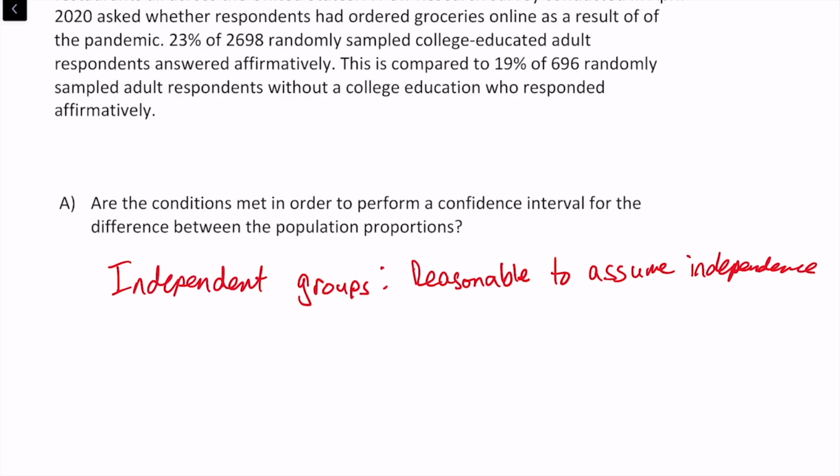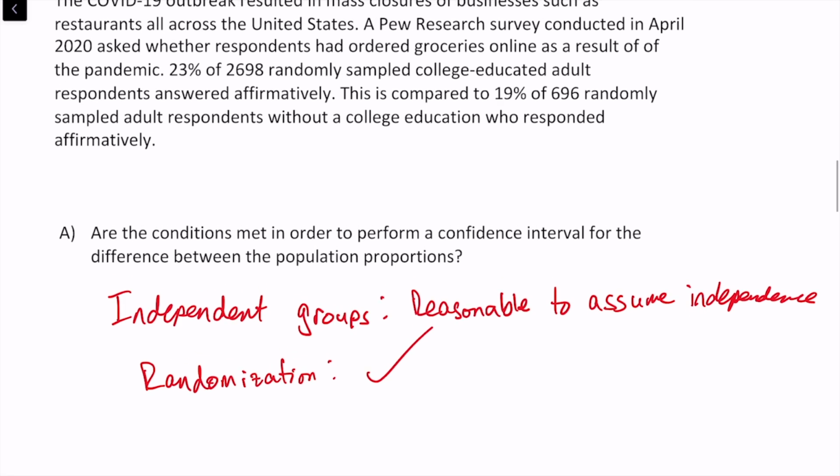Now we need to check for independence within the group, right? And so one way that we check that is we look for randomization. And they tell us this data was collected randomly, right? So we have randomization. And even if they didn't tell us this was randomly sampled, it's reasonable to assume that the samples will be random enough.